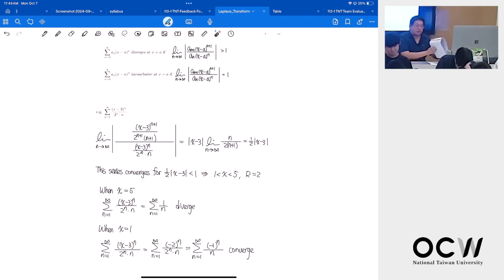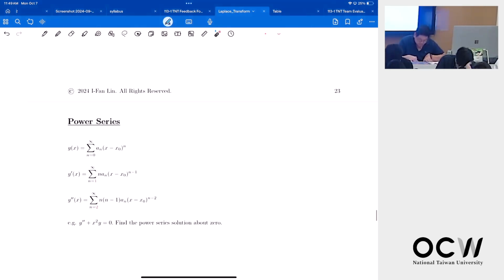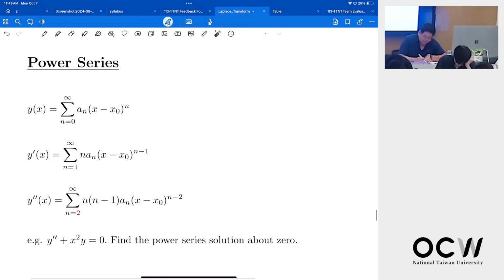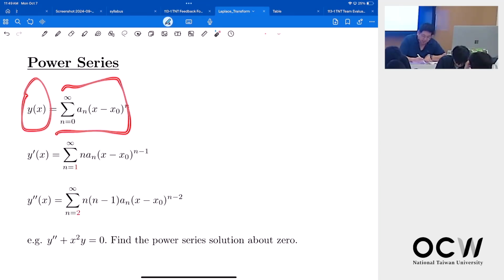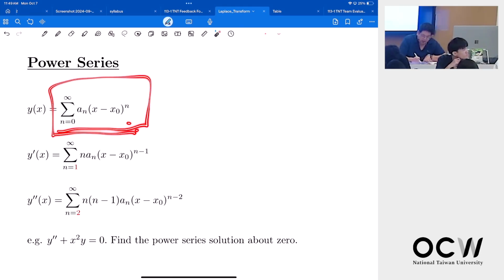So suppose y is this summation. Then we will bring this back to our differential equation to find the coefficients.